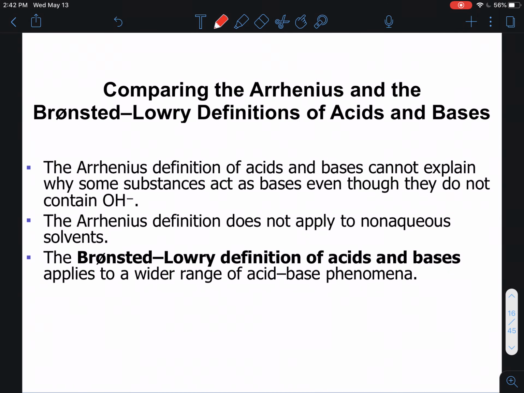So now that we know we can use stoichiometry with our acid-base reactions, let's talk about a new type of acid called Bronsted-Lowry acids.